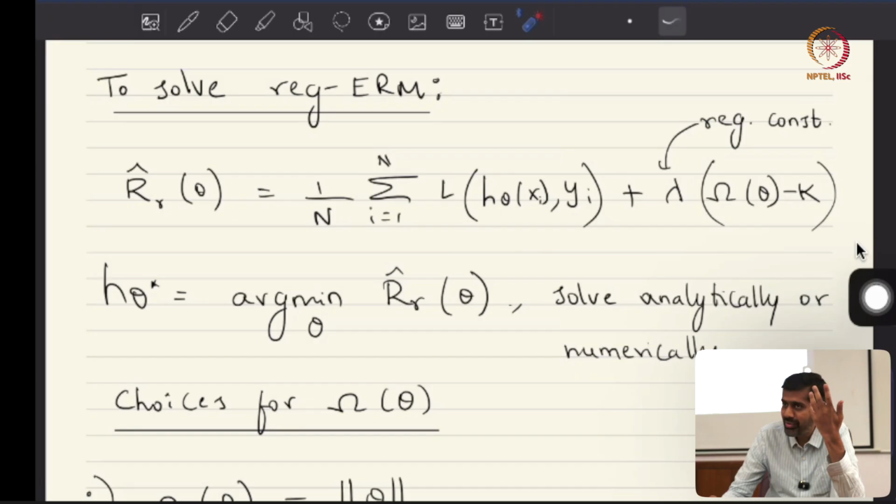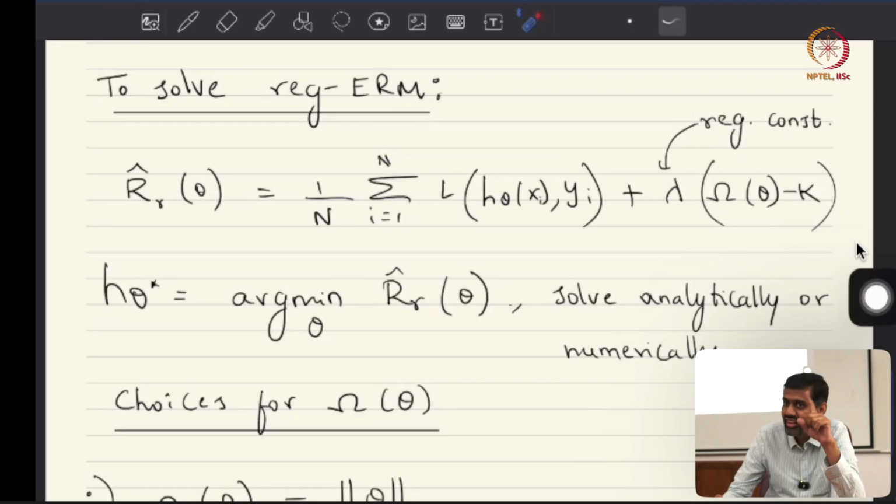Some of them will be made 0 or some of them will be made smaller. Which ones will be made smaller? It depends upon what your underlying distribution is. In the case that we took, I constructed a distribution by perturbing a parabola, which is perturbed over a second degree polynomial. In that case, if this optimizer has to minimize both the objectives, especially the empirical risk, it has to make sure that the coefficients corresponding to the higher order terms are put to 0.